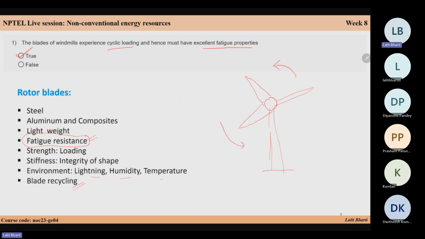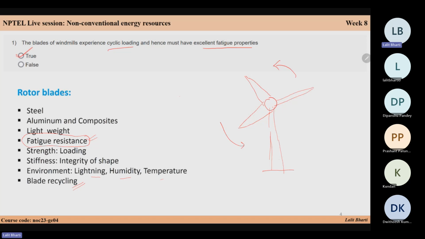Mechanical cycling means, let's say you have a metal rod and you are bending it mechanically, so it is facing mechanical loading. If the rod withstands, let's say, 1,000 cycles without cracking or being damaged, then we can say that for 1000 cycles the material has excellent fatigue properties.